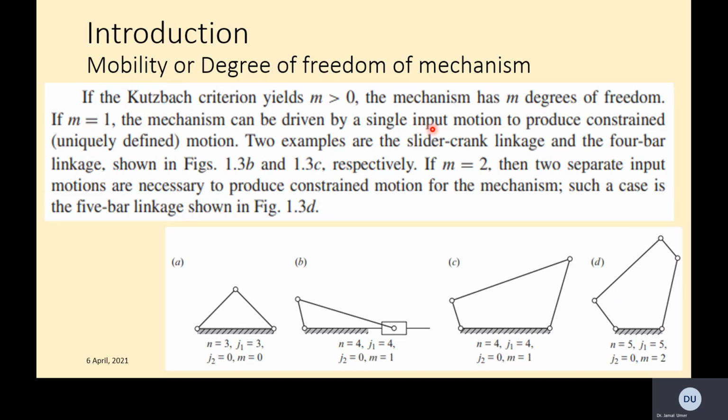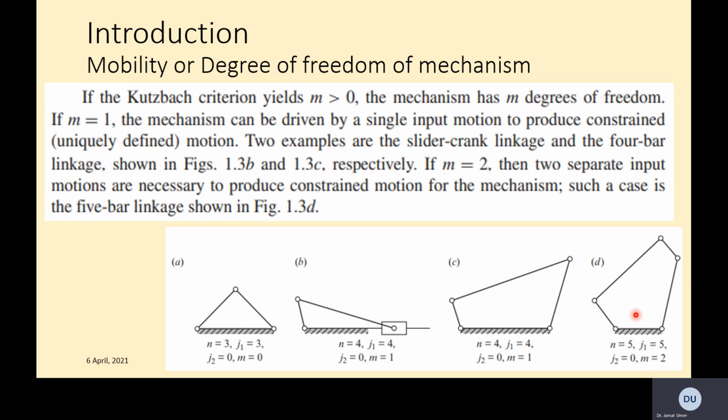So we just need a single input motion. This is interesting, that is the meaning of single degree of freedom: we need a single input motion to produce constrained motion. Two examples are the slider crank linkage and the 4-bar linkage shown in figure 1.3, B and C. So these two, B and C, are the single degree of freedom mechanisms.